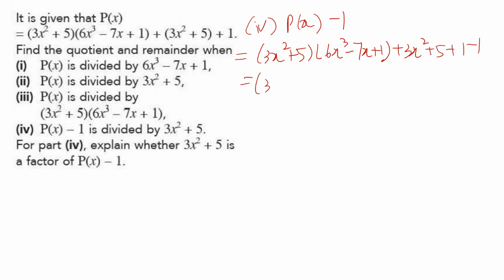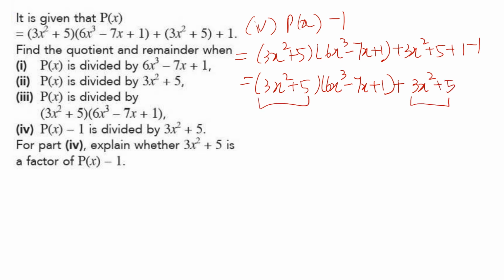So you will have 3x squared plus 5. So give you 3x squared plus 5. Oh, good. So can you see there's a common factor here? Common factor, so we can factorize it.